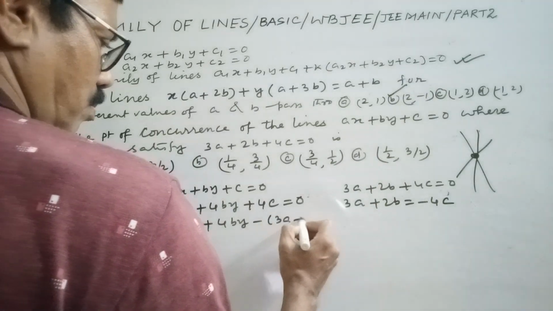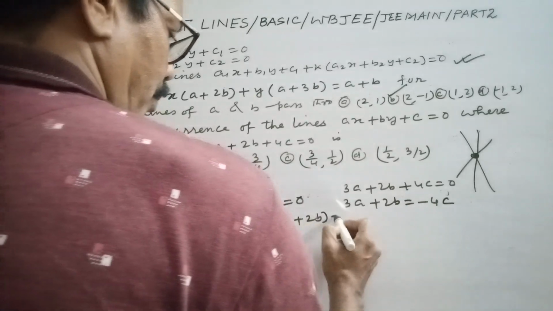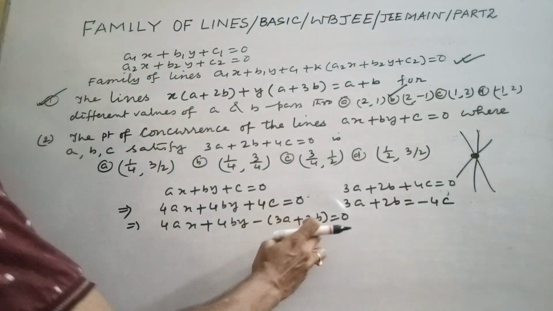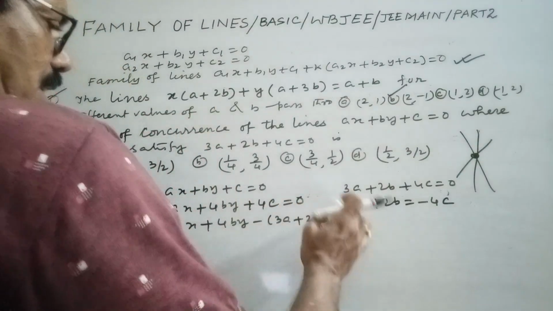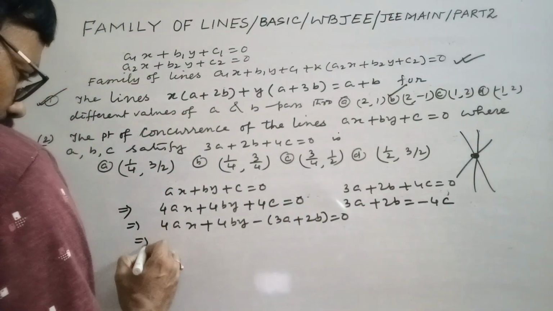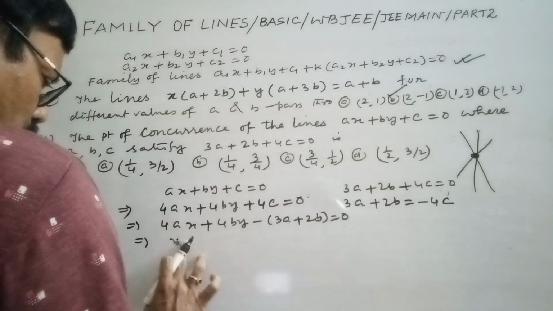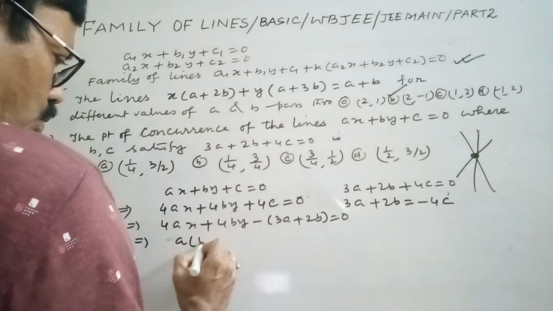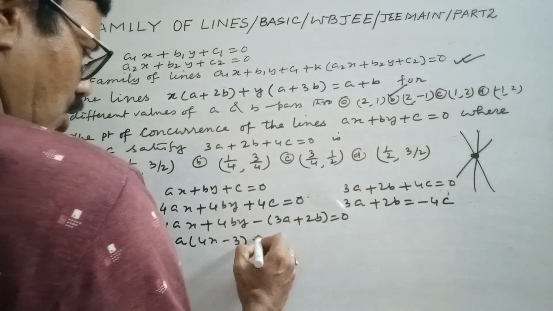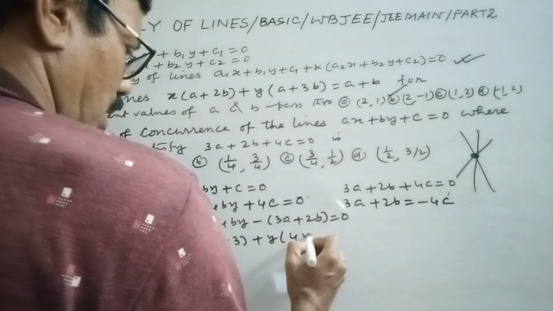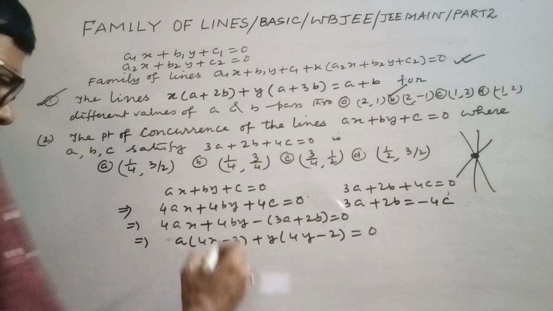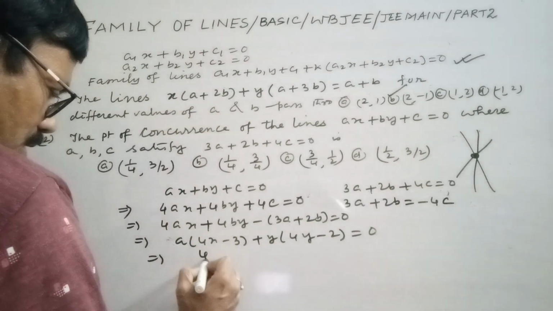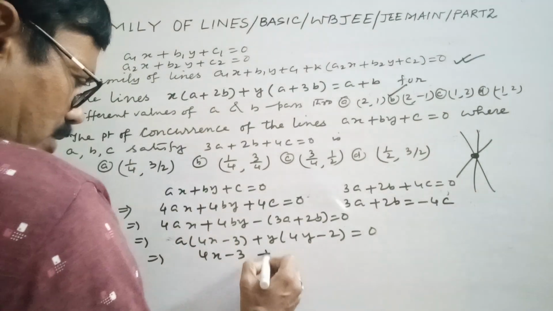This is 3a plus 2b, so this is 4c equals minus (3a plus 2b). Now if we take a common, this is 4x minus 3, y common, 4y minus 2 equals 0. Now it reduces to the simple previous one.